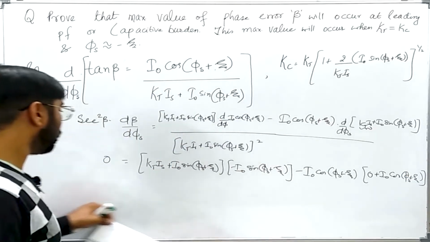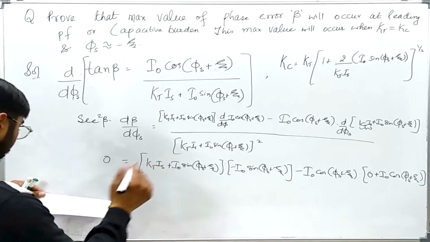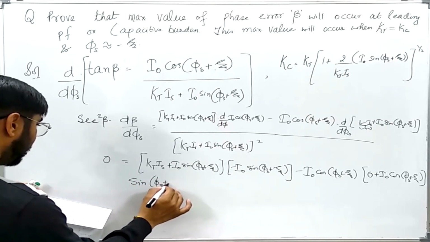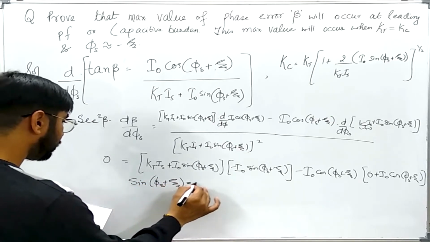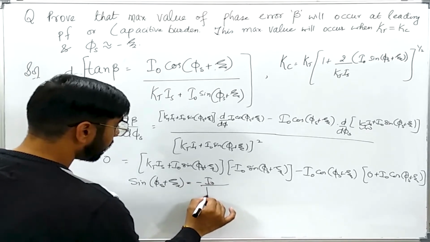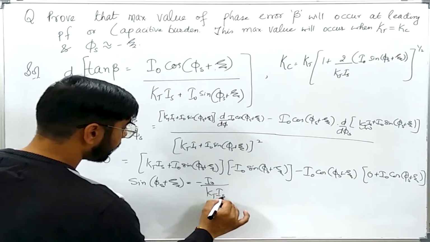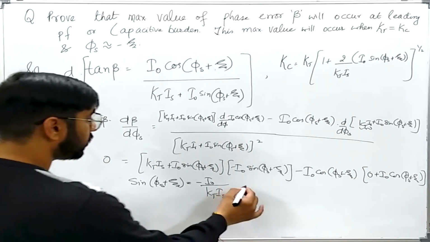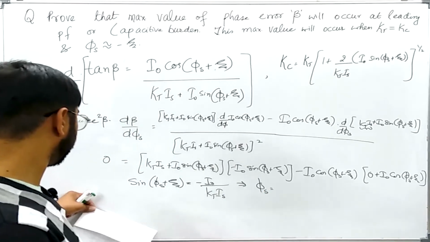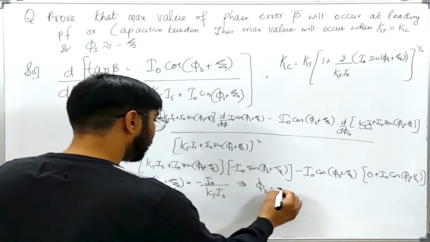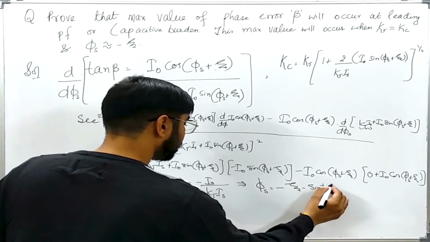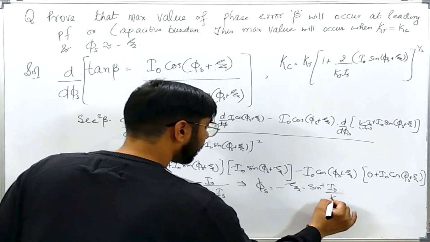On solving, we have sin of phi s plus zeta equals minus I naught over Kt is. So it implies phi s will be equal to minus zeta minus sine inverse of I naught over Kt is.